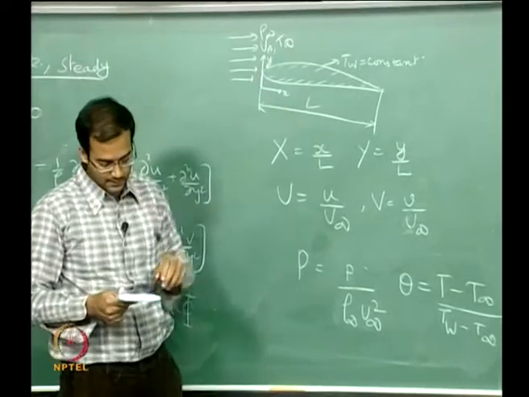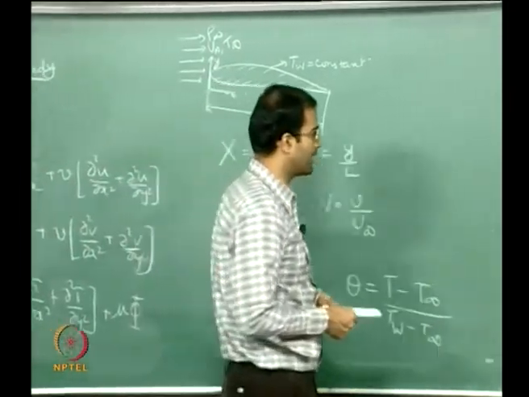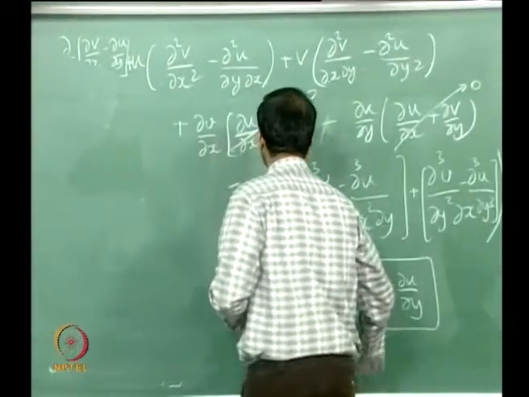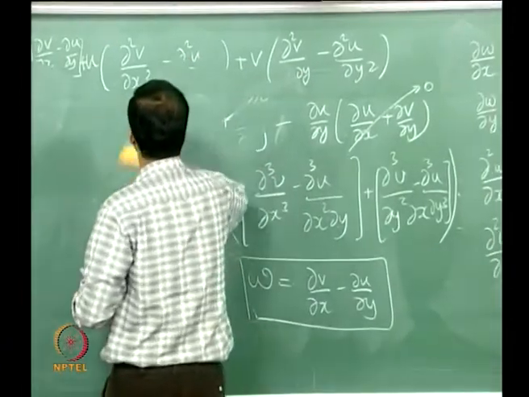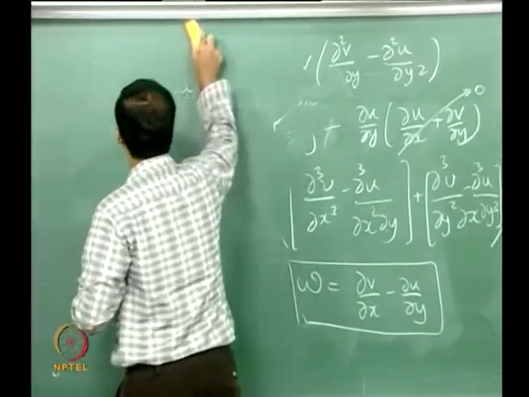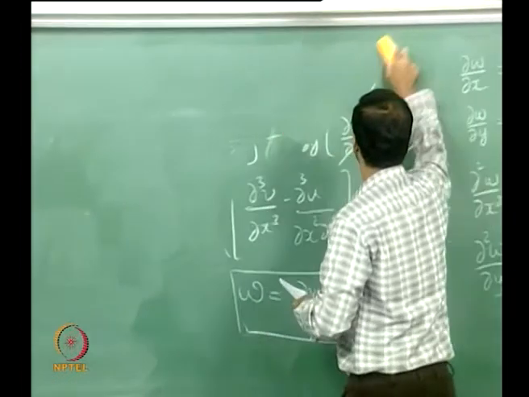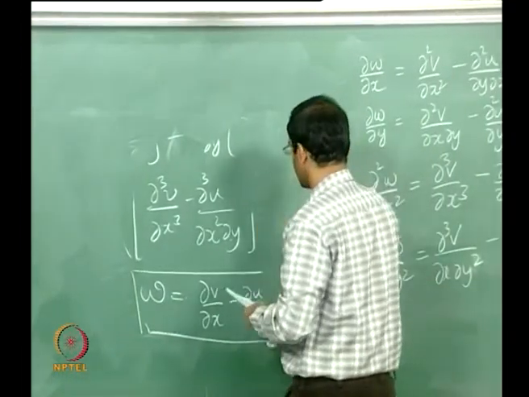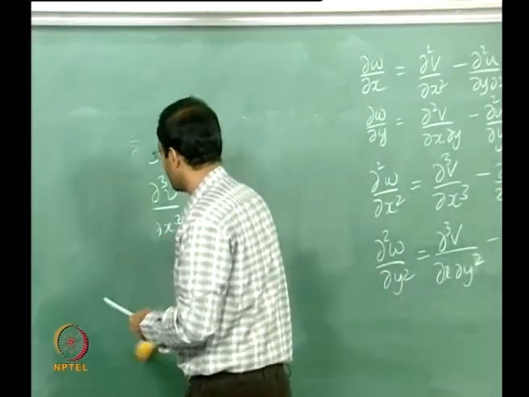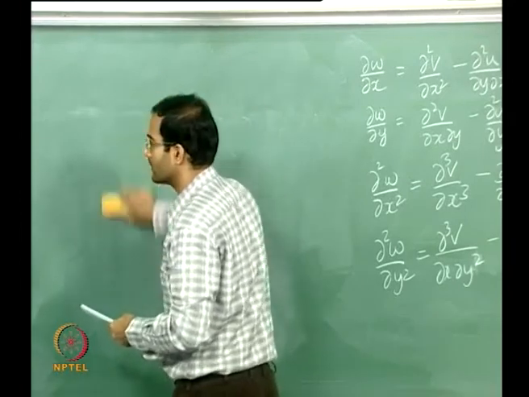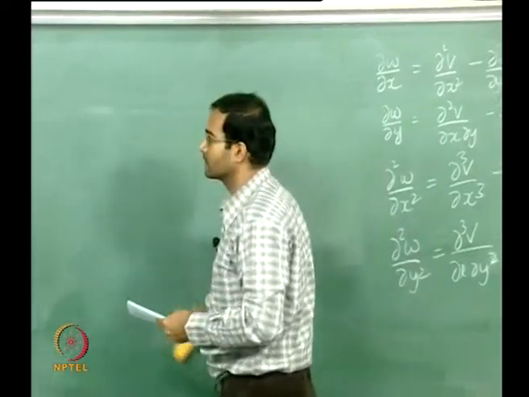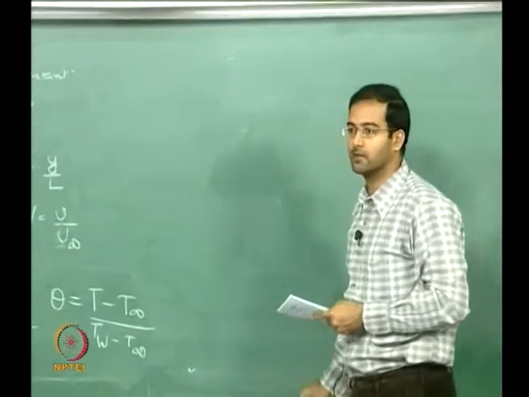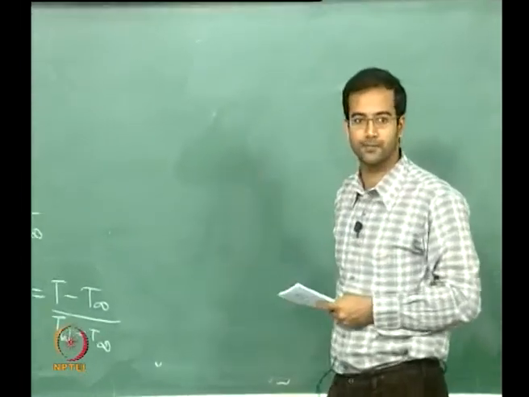Alright, so with this I just write the final equation. You can in fact derive this and check for yourself. If you substitute these non-dimensional variables into the dimensional Navier-Stokes equations, you are now going to tell me. We will write down only the final version.